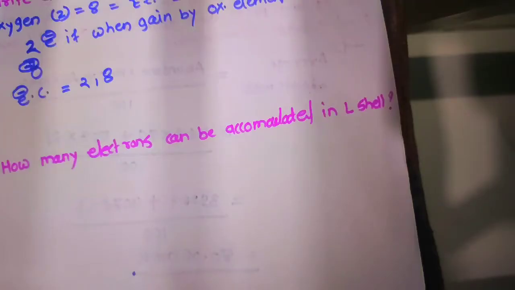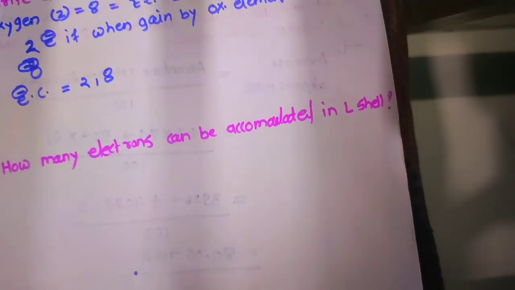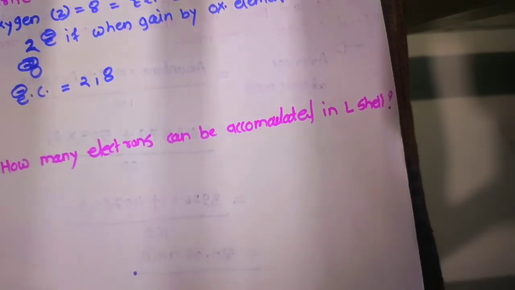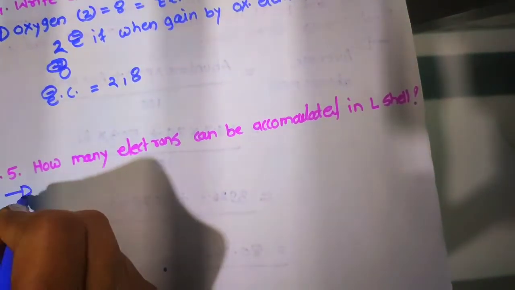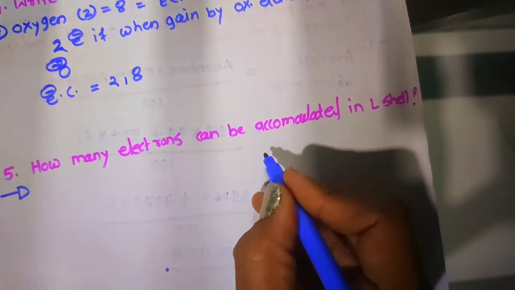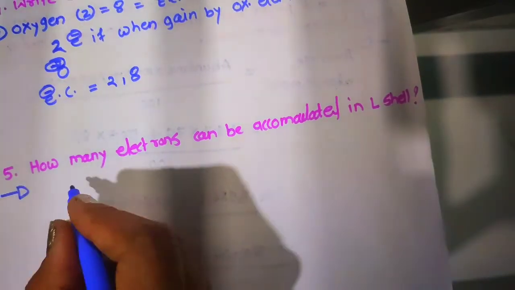2 and 8. Next question is, how many electrons can be accommodated in the L shell?